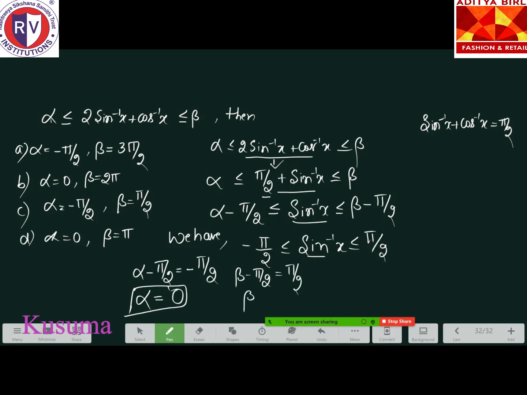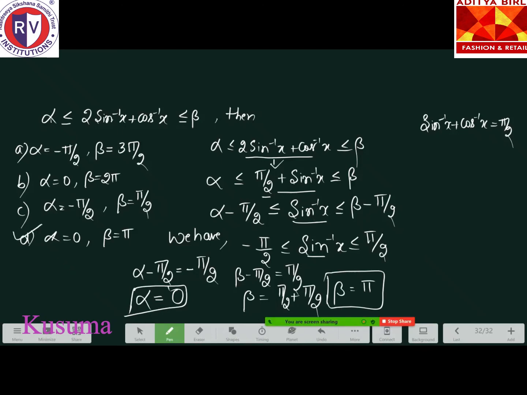That is beta is equal to pi by 2 plus pi by 2, right? So the value of beta will be equal to pi. So the value of alpha is 0 and beta is pi, which is your option D.